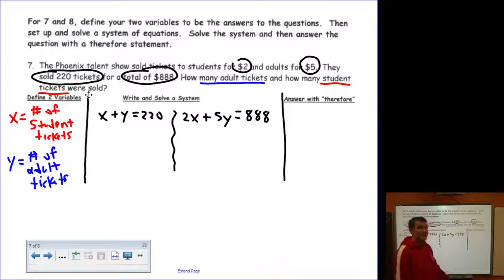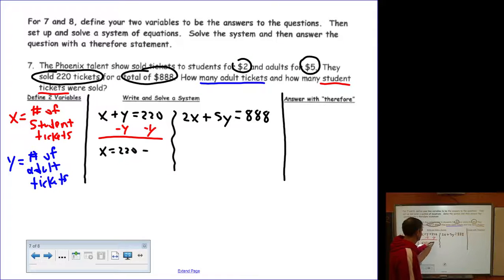Let me apologize now for choosing bad numbers. This doesn't actually work out like it should, but we're going to finish it off anyway. So the first step here would be to get a variable by itself. I'm going to go ahead and get the x by itself. I'm going to subtract y from both sides and get x equals 220 minus y.